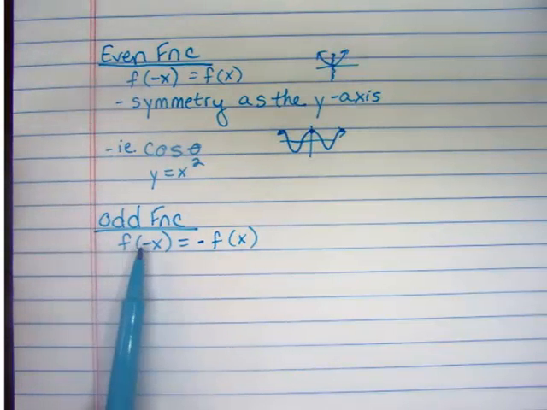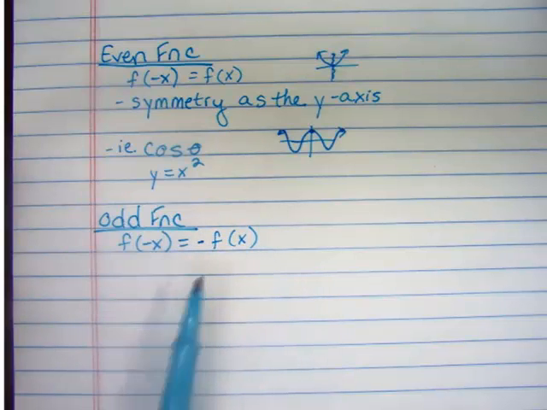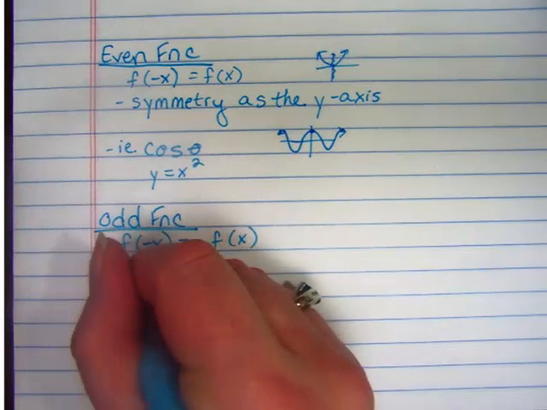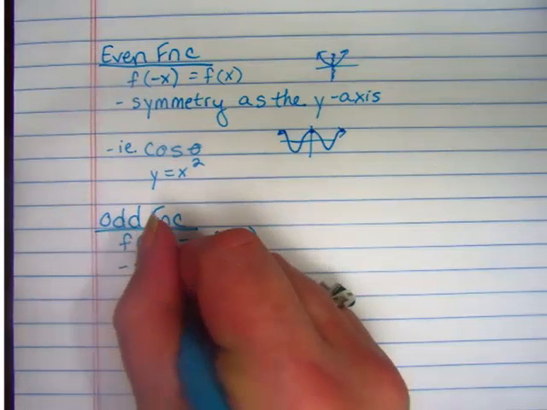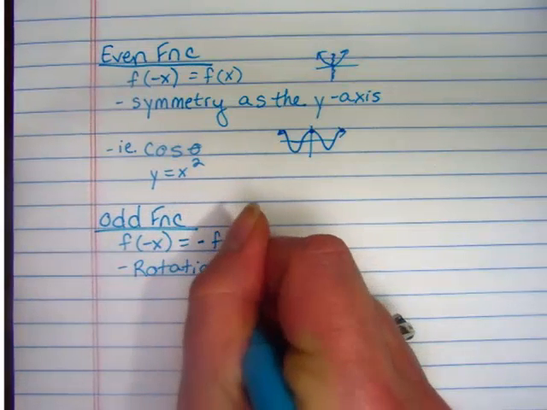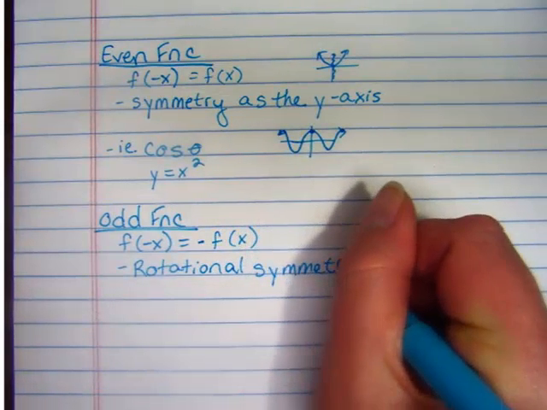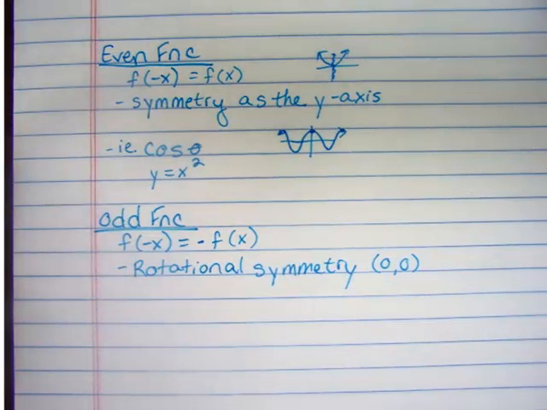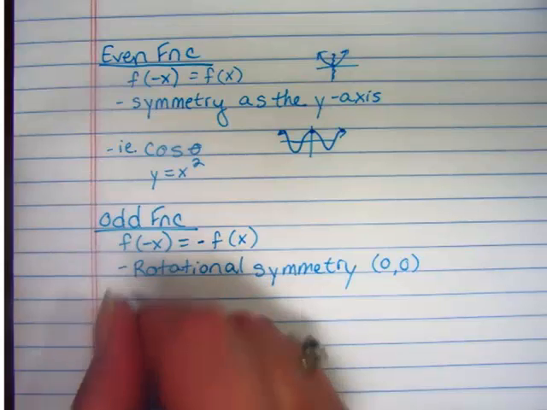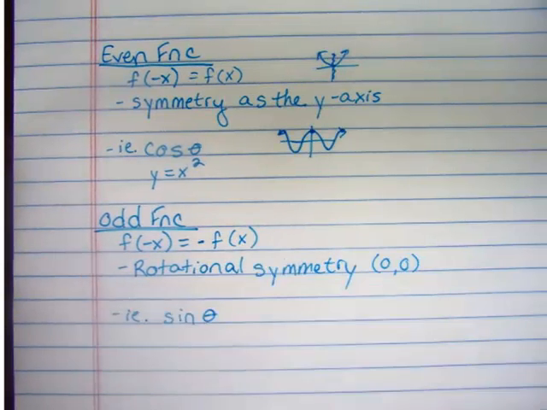So if I put a negative in for x, it's a negative of the same exact outcome value that I would have had before. In this case, it's rotational symmetry. And it's about the point 0, 0. So an example of this one, with what we're doing right now, would be the sine of theta.